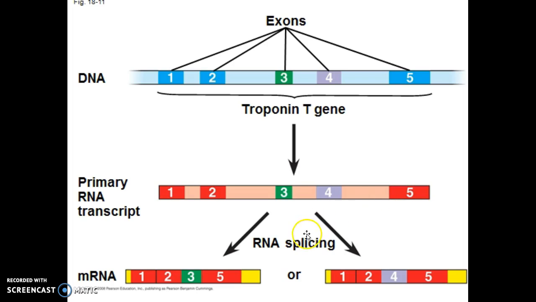And here we can see with RNA splicing, depending on the needs of a cell, that occasionally we'll see the third exon included but the fourth excluded, and in other cases we'll see the fourth exon included and the third excluded. So here we see that both the third and fourth exons can sometimes function as an intron, and ultimately what that will create is two entirely different strands of mRNA that will produce entirely different proteins that will function entirely differently from one another.